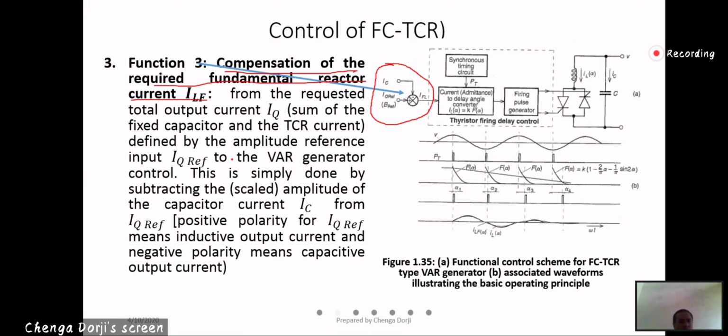The total output current IQ is the sum of the fixed capacitor and TCR current, so you subtract the amplitude of the capacitor current IC from the IQ reference, and this is given to the reactive current producing circuit.